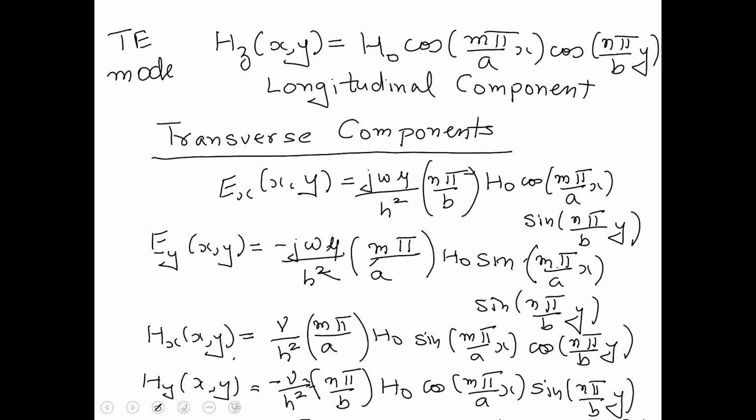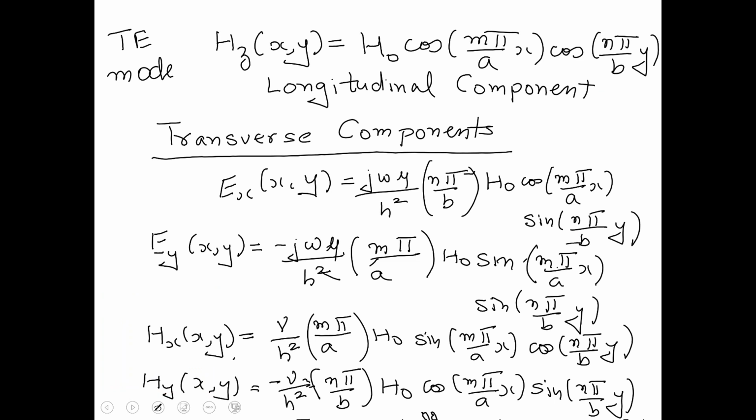Well, if both m and n are 0, Hz exists for sure. It's just h naught, some constant h naught. But because both of them are zeros, sine will not exist on Ex.